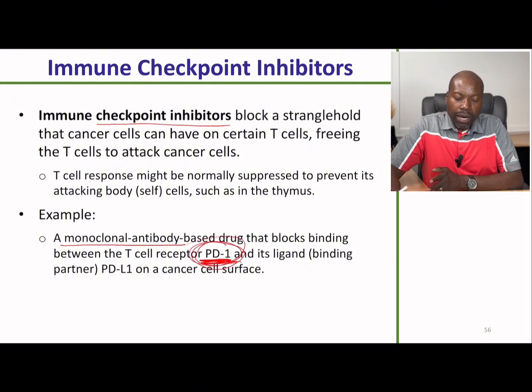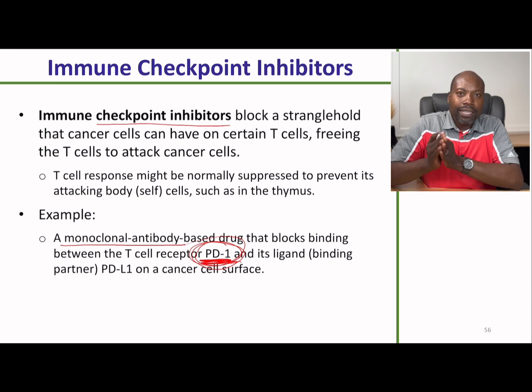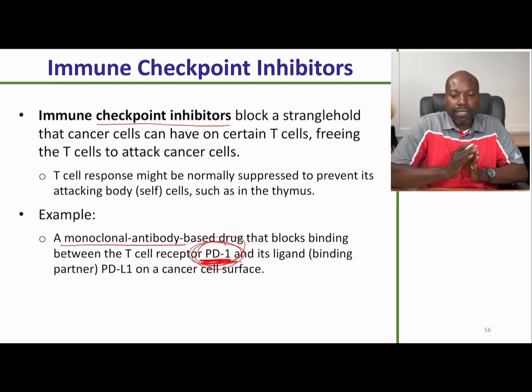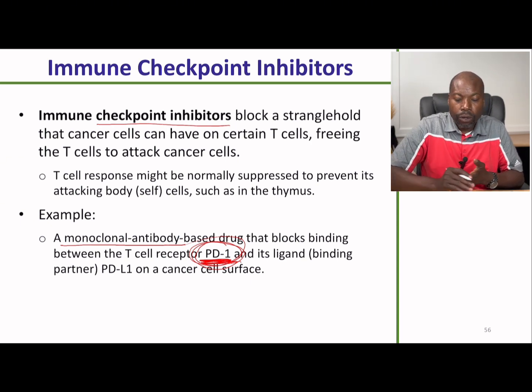By binding on PD-1, this is preventing the signal to bind on that receptor, right? And by preventing that signal to bind on that receptor, there is no signal transduction pathway that is put in place, right? Therefore, cancer is going to stop that way.